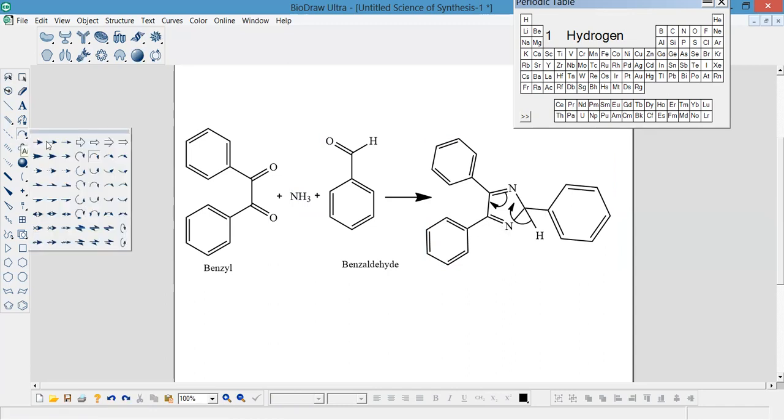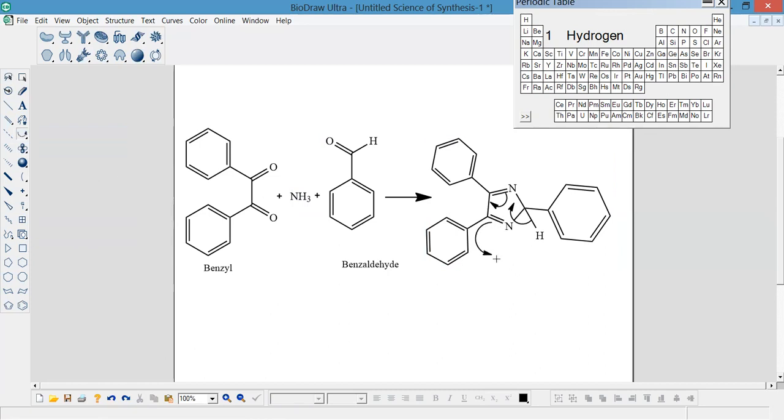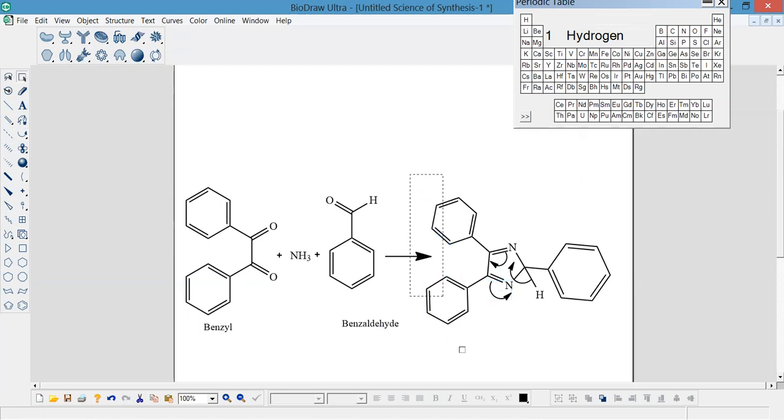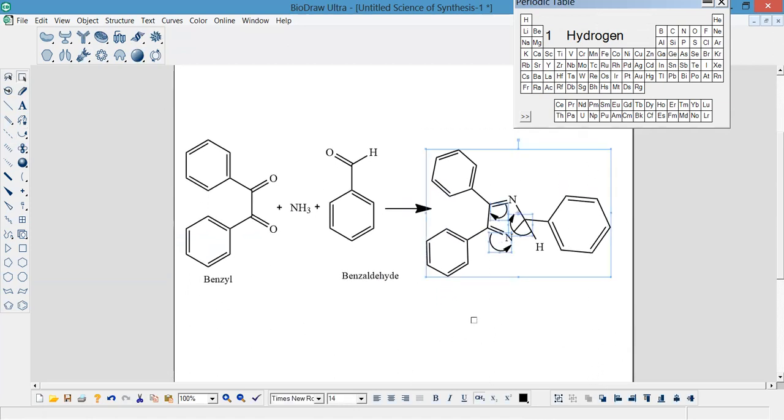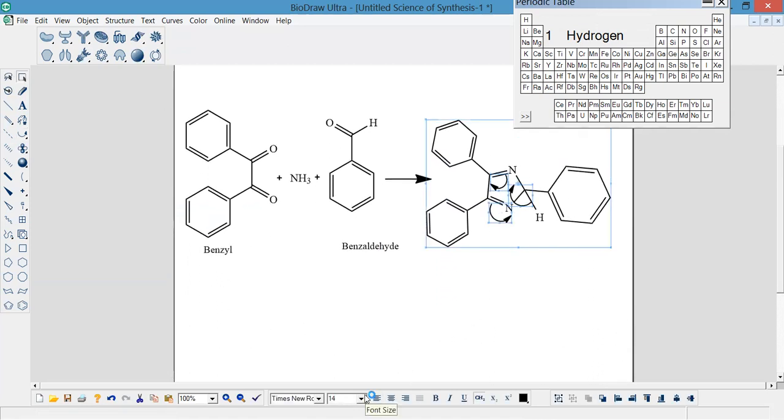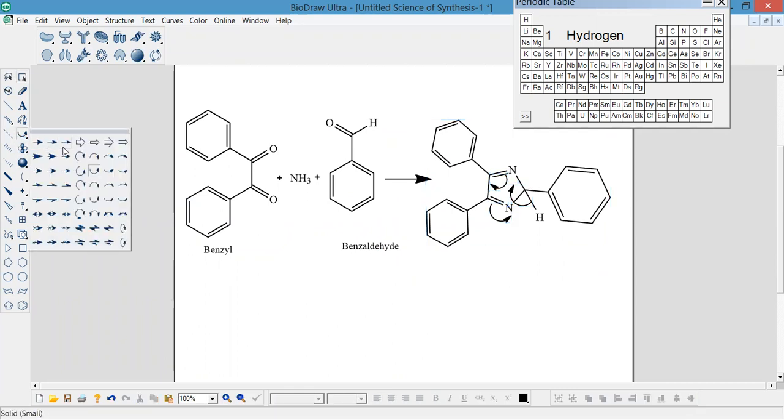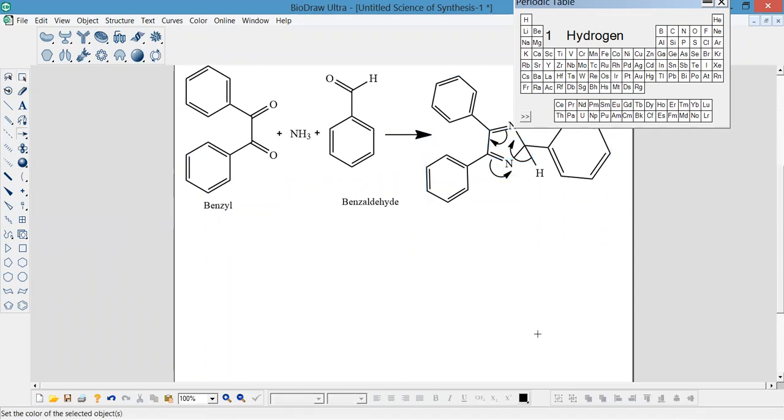Take an arrow with the opposite direction, so that this pi bond is converted to a lone pair on this nitrogen atom and converts into 2,4,5 triphenyl imidazole. Now take a single headed arrow downwards.